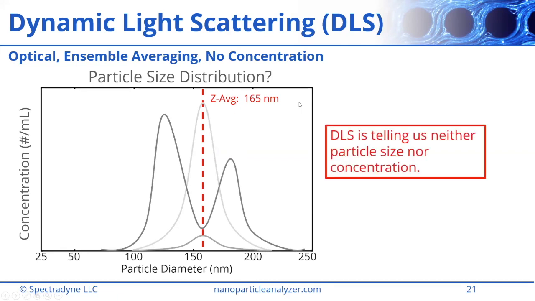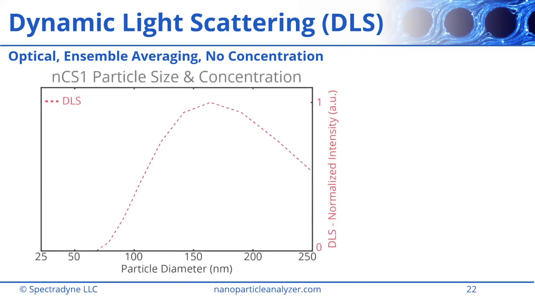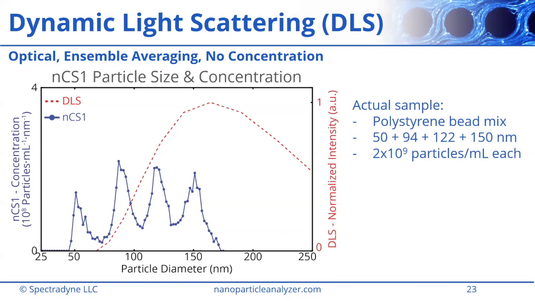So dynamic light scattering really is telling us neither the particle size nor the concentration in the sample. And we need an orthogonal measurement technique, a fundamentally different technique, in order to know what's really going on in the sample. And so, of course, we did just that. When we take this sample and measure it on the NCS1, this is the true size distribution of particles in the sample.